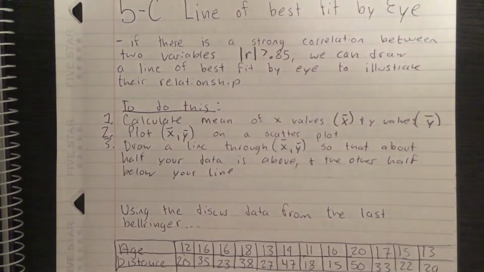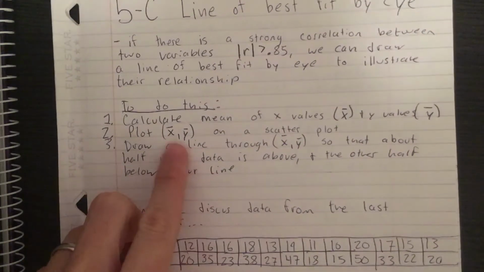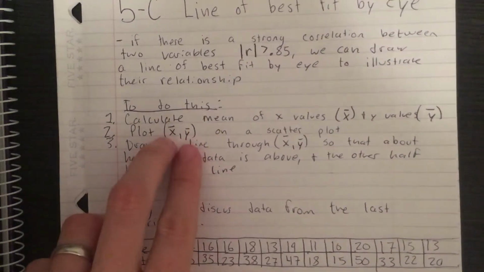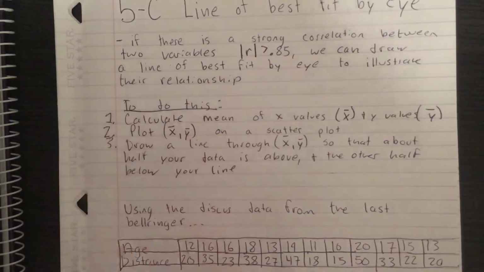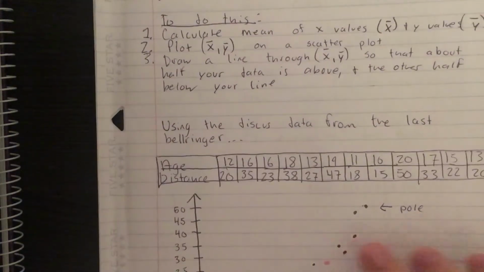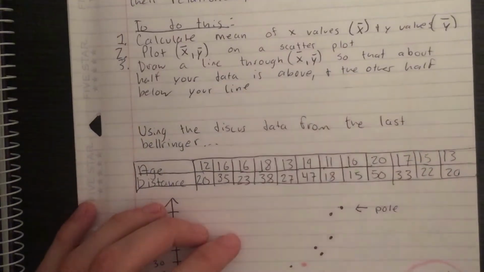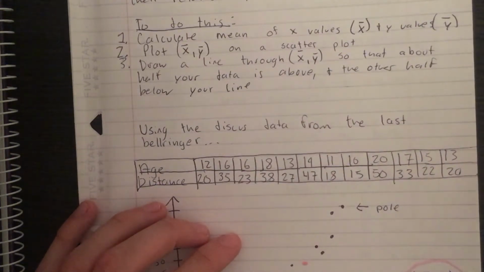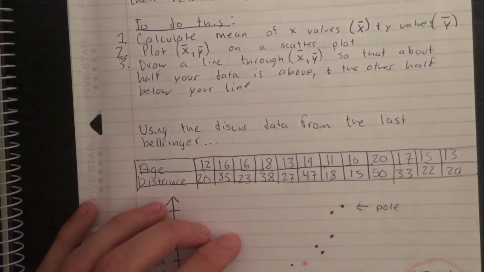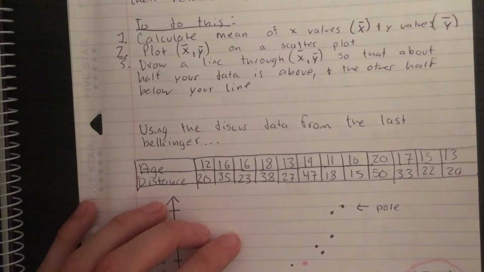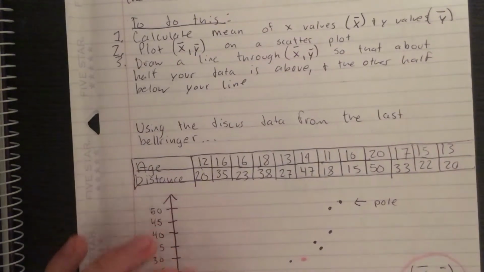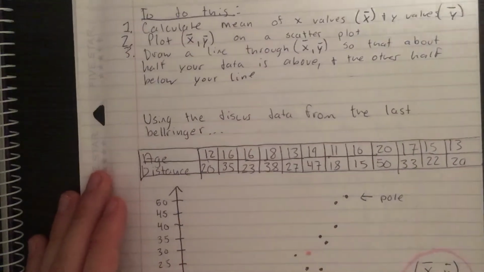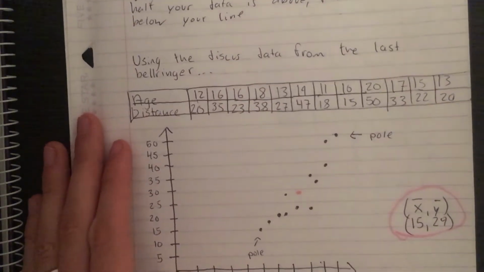We're going to plot that x bar and y bar, the average x, the average y value. And then from there, we're going to sketch a line so that about half of the data is above our line and the other half is below our line.